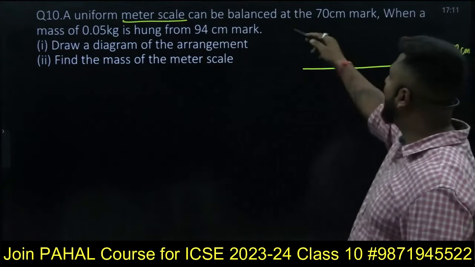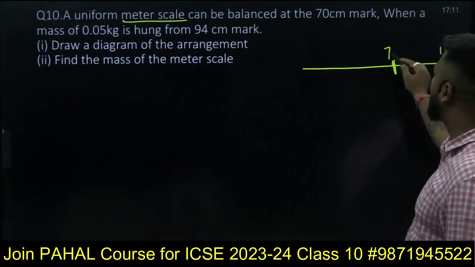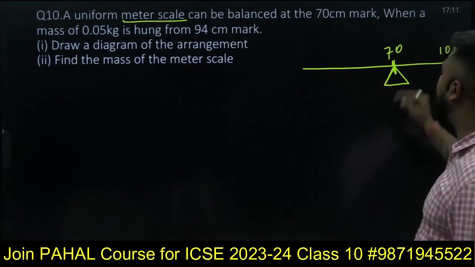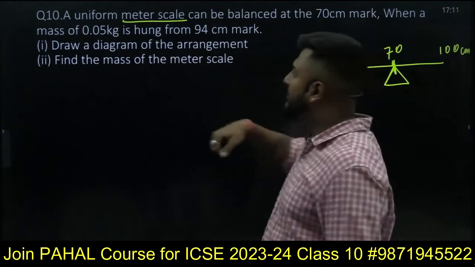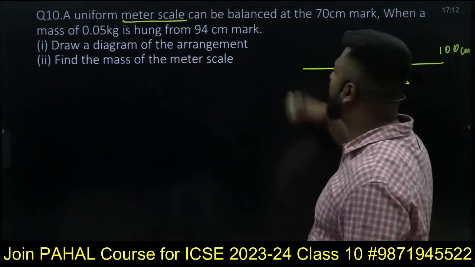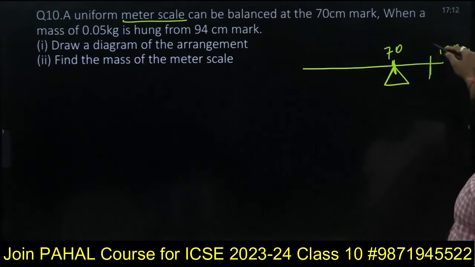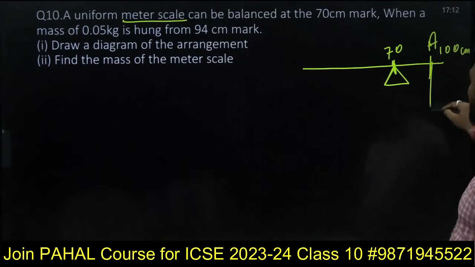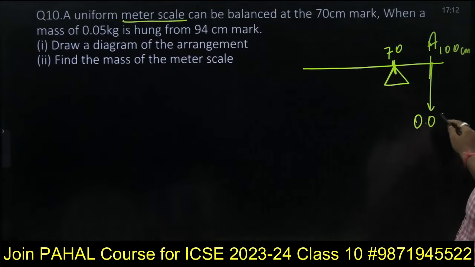Now this is balanced at the 70 centimeter mark. So let's say this is the 70 centimeter mark. The 94 centimeter mark would be somewhere around here. Let's say this point is A. So at point A, we have hung a mass of 0.05 kg.